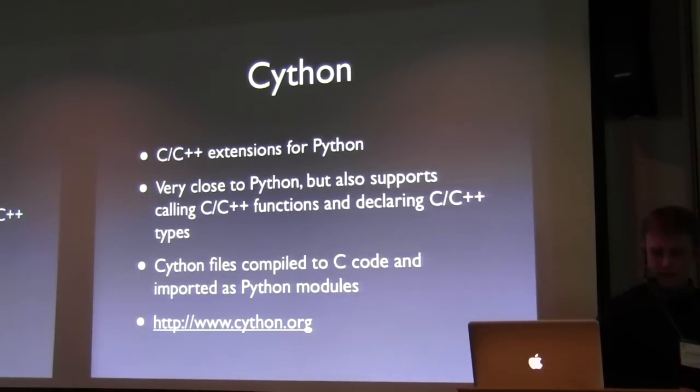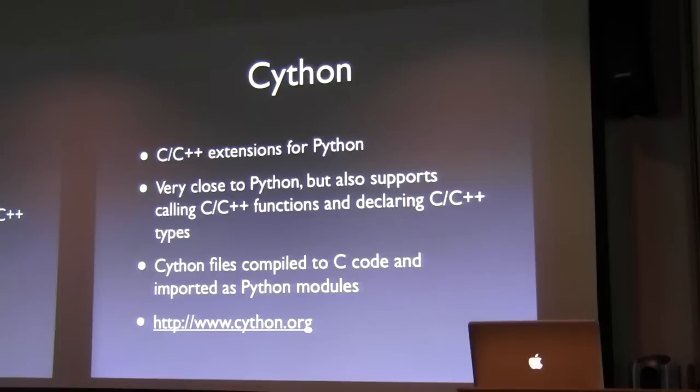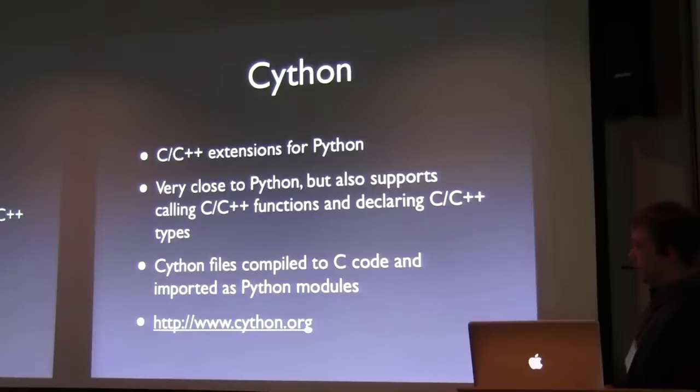The way you do that is this thing called Cython. Cython is basically C, C++ extensions for Python. The structure of the language is very close to Python, but it also supports calling C, C++ functions and declaring C types. When you create Cython code and run it, the Cython files get compiled to C code.